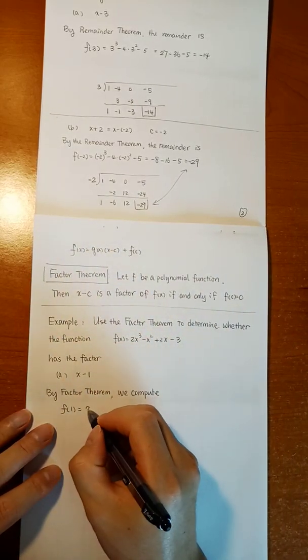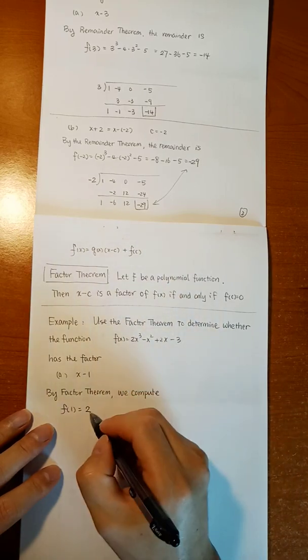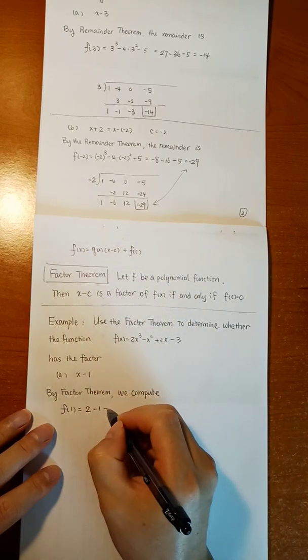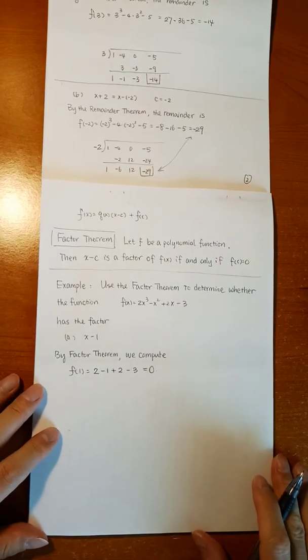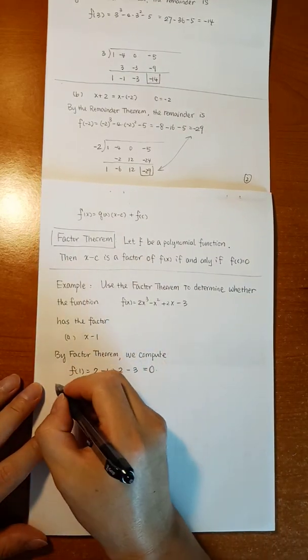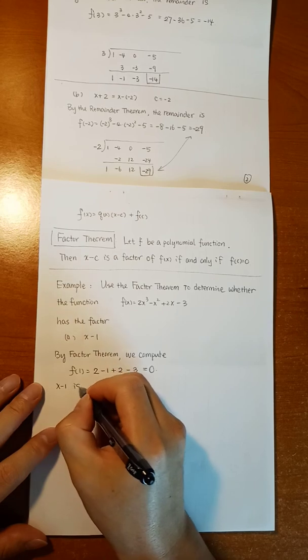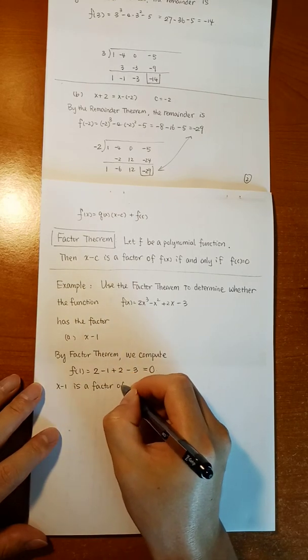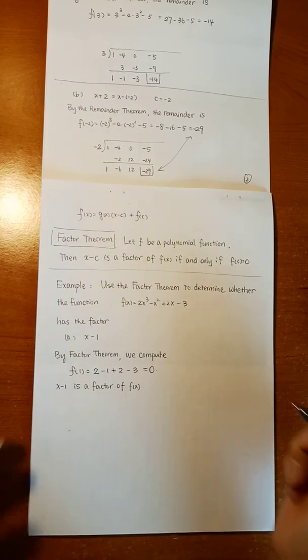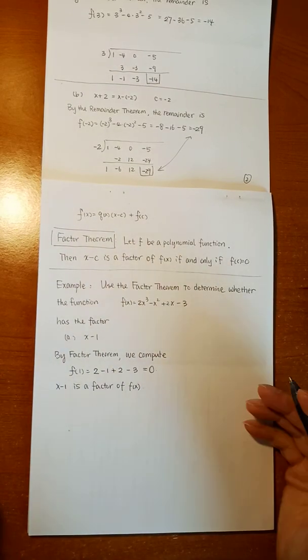So f of 1, 1 to whatever power is 1. So it's got 2 minus 1 plus 2 minus 3 is equal to 0. Very good. It is 0. 0 means x minus 1 is a factor of f(x). That's it. That's the simplest thing.